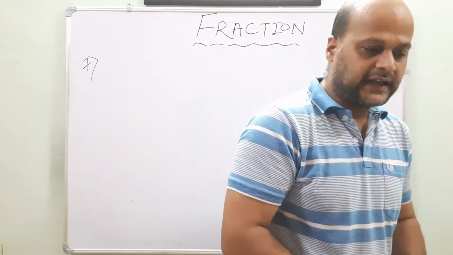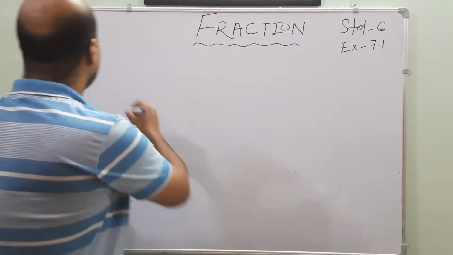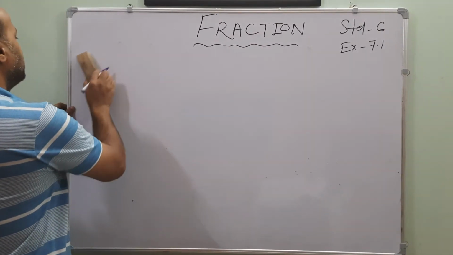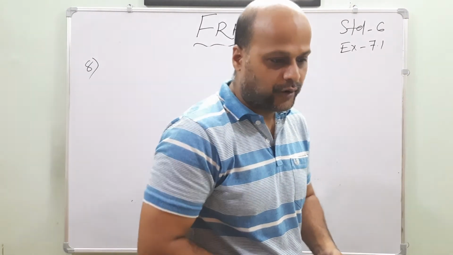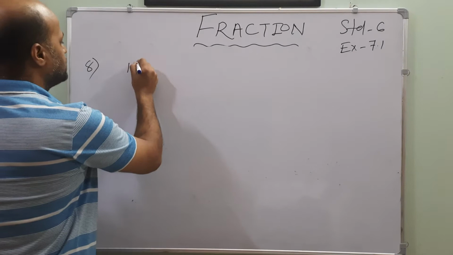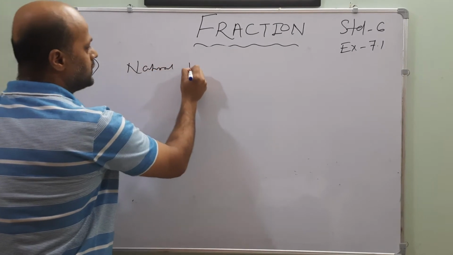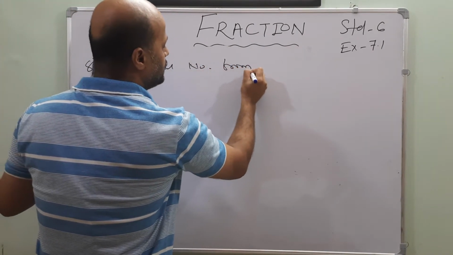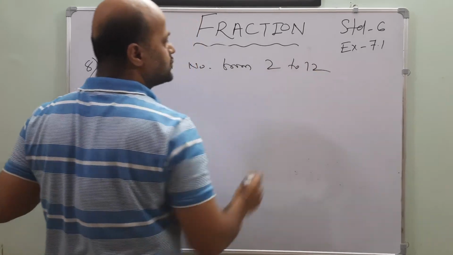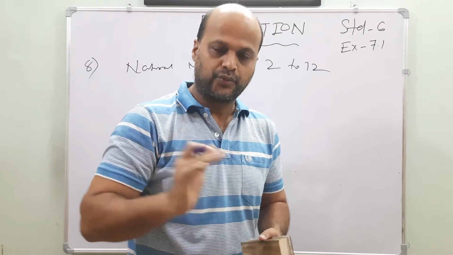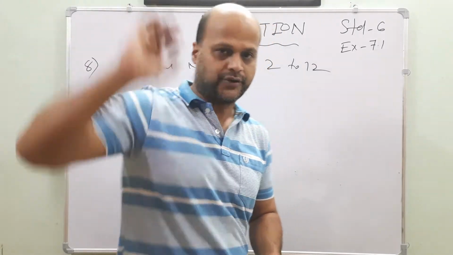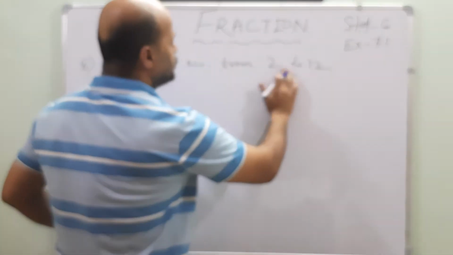Let's go to the 10th one. Write the natural numbers from 2 to 12. What is a natural number? The numbers which start from 1 and go on: 1, 2, 3, 4, 5, 6 and so on. But it is asking from 2 to 12.